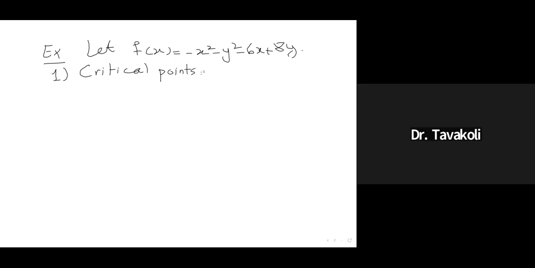In the previous video for this function, we found the only critical point, and that was the point (-3, 4). We did this in the previous video for the same function.